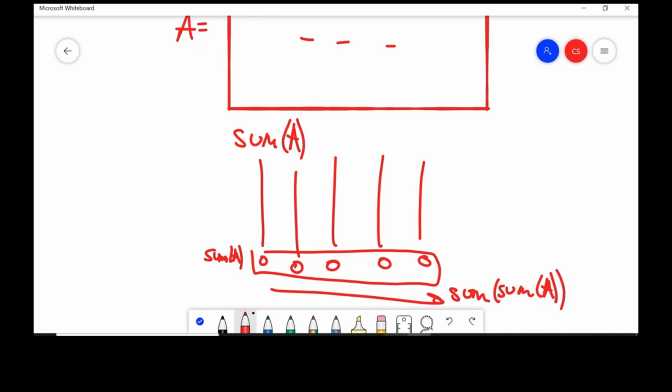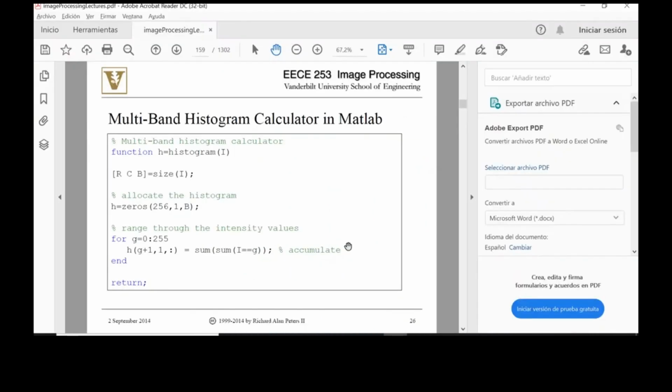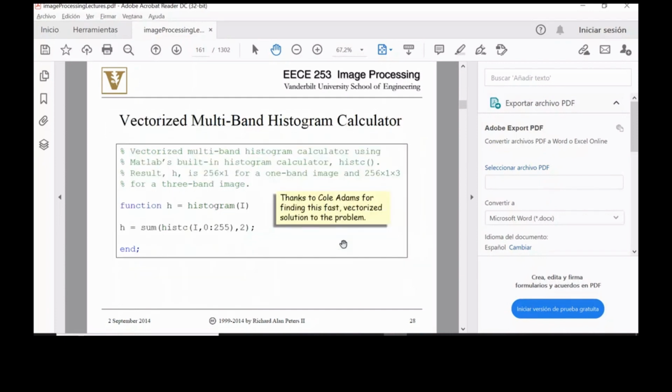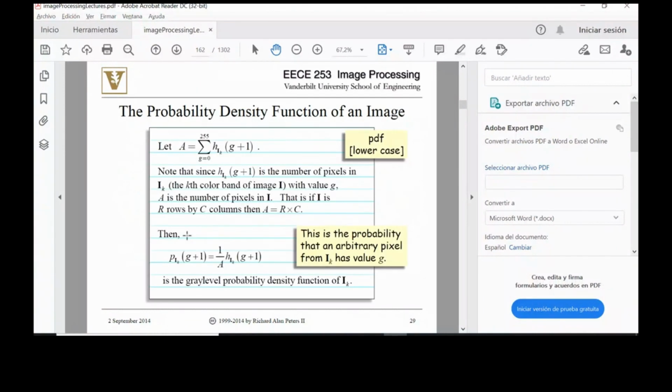Okay, so this is an explanation of that. This is another way of computing that histogram in a more compact way. And here is the idea that I told you before.